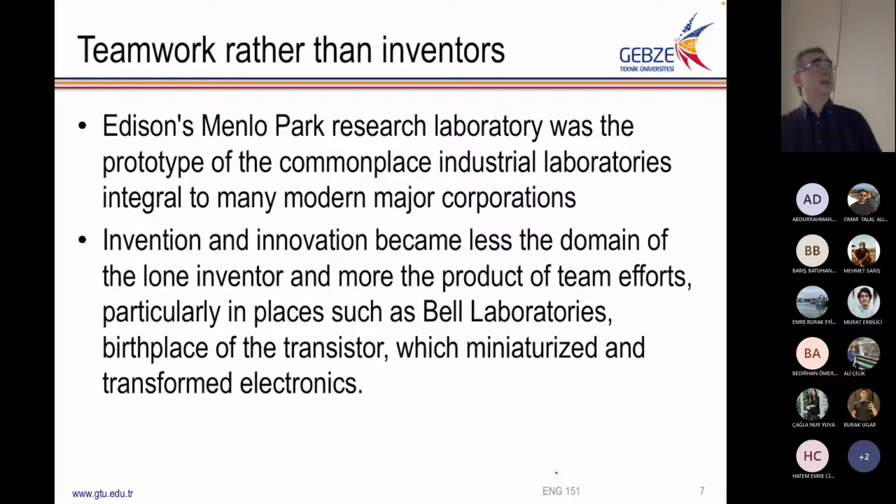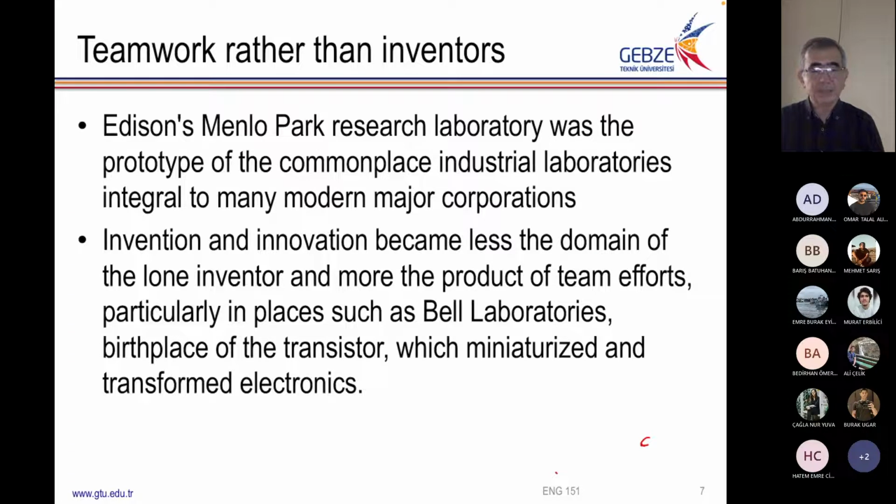One interesting thing is that Thomas Edison was the first person who established a research laboratory aside from universities.